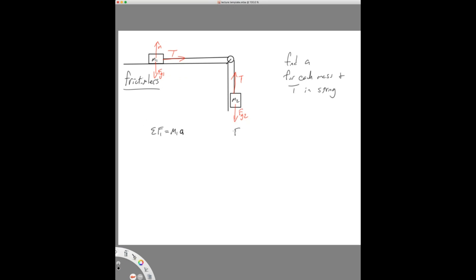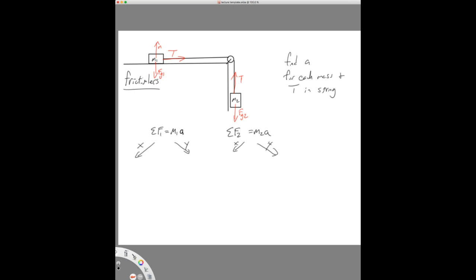And over here, we're going to have the net force on 2 equals m2 times a. And on mass 1, I split this into the x and y directions, but on mass 2, I don't care about the x, right? I only care about the y.